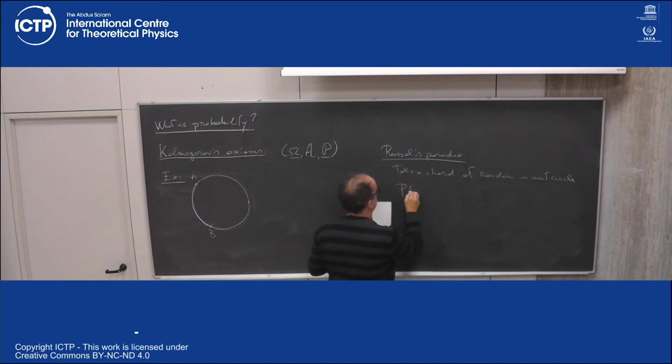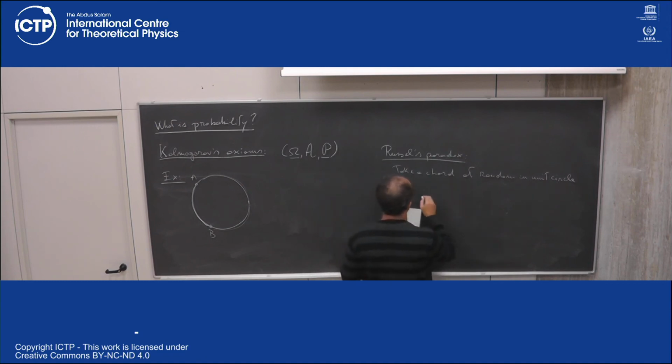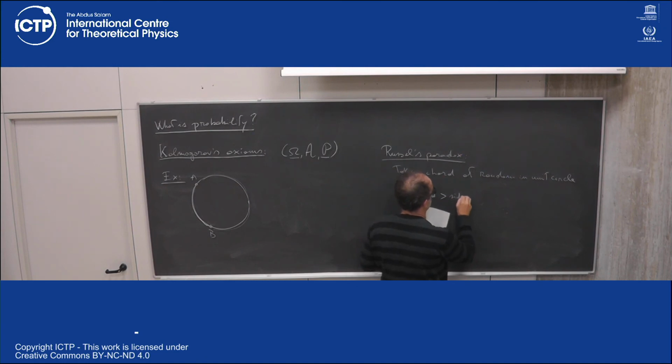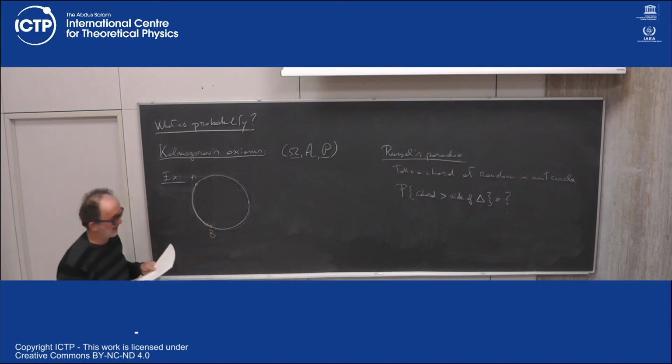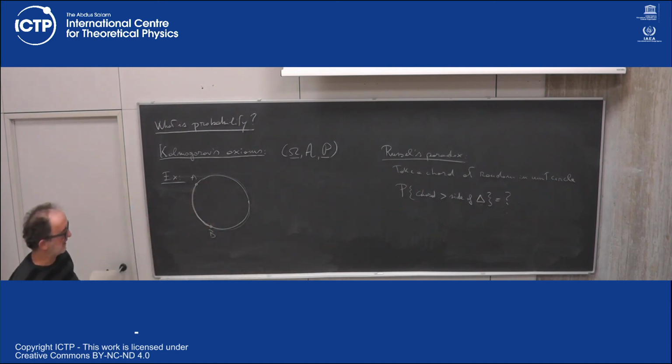and then we compute the probability that, let's say, this chord is larger than the side of the inscribed equilateral triangle. Okay. So it looks like a very easy question.